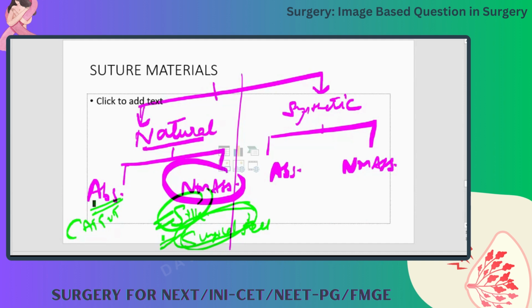Two points regarding that: it's a biodegradable thing. Have you ever sutured with catgut? Yes, sir. So what is the peculiarity of this suture material? Sir, it easily tears. Yeah, much strength will not be there, so it easily tears.